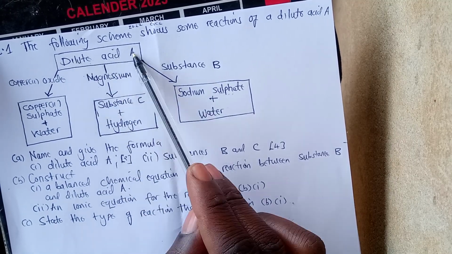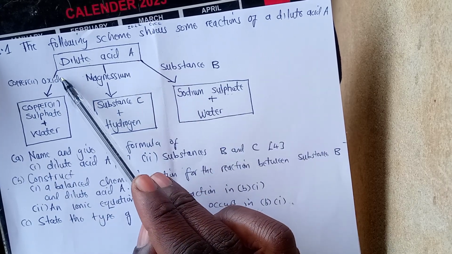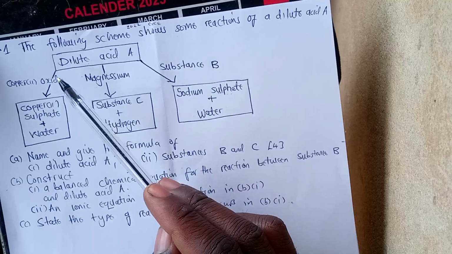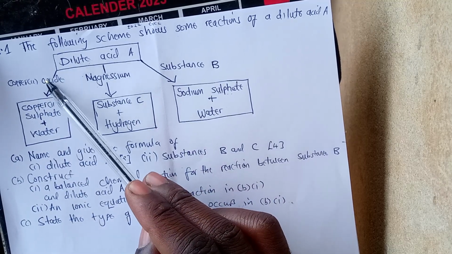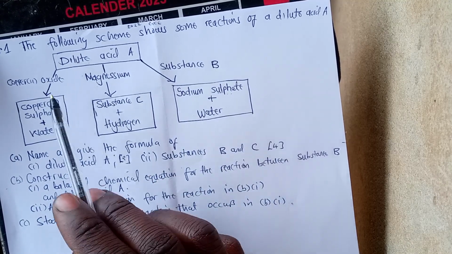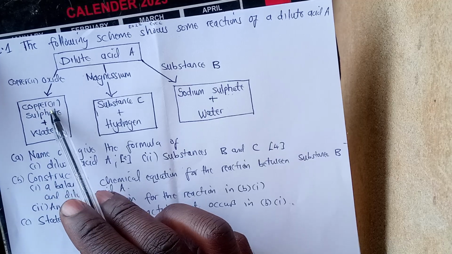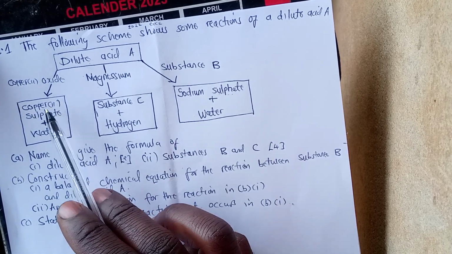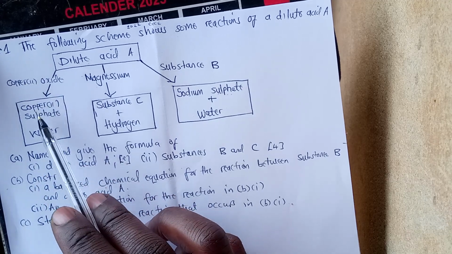Whenever an acid reacts with a base, it will form a salt and water. Now, the salt which is formed on this side is copper 2 sulfate.